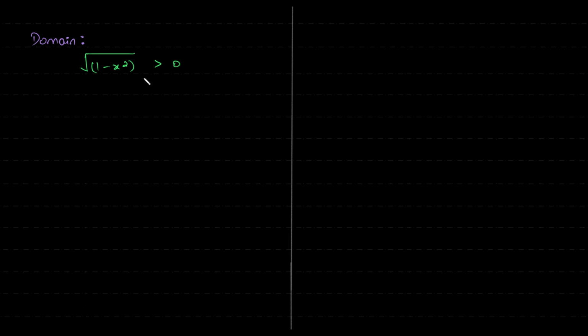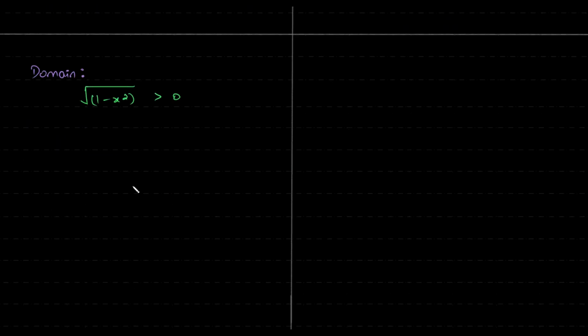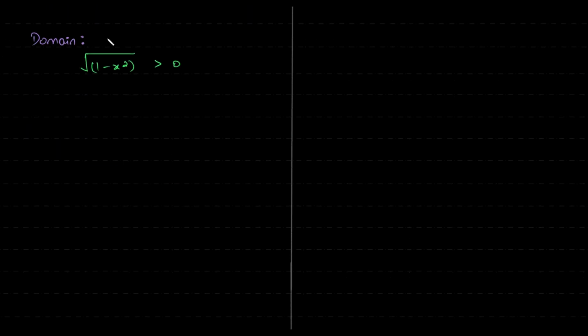It can't be equal to 0 because it is in the denominator, and it has to be greater than 0 because it's a root. So from the above equation, we can infer that root of 1 minus x square has to be greater than 0 because we are looking at real numbers.